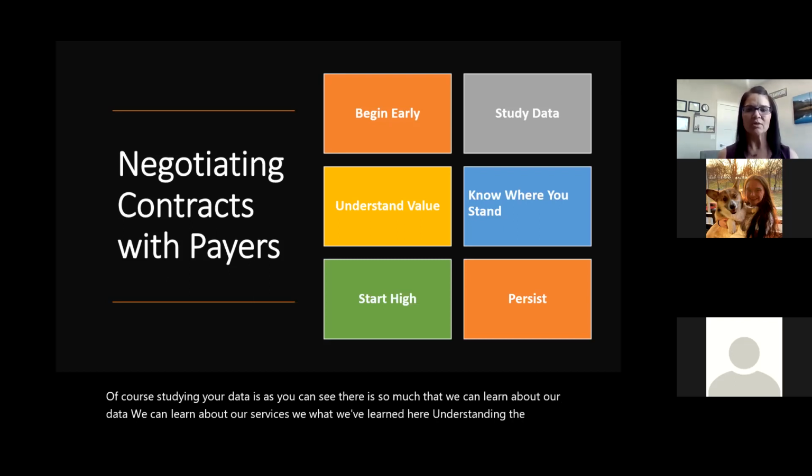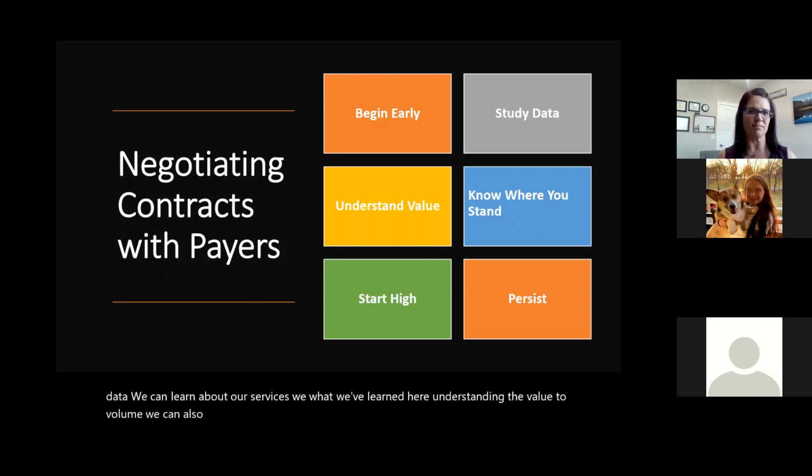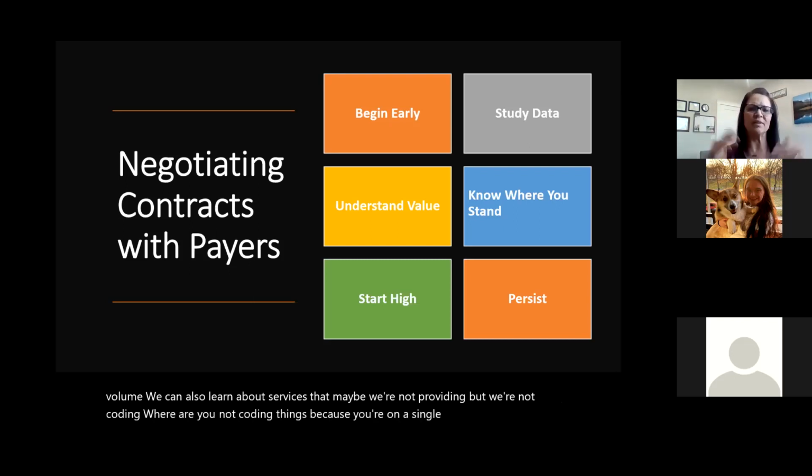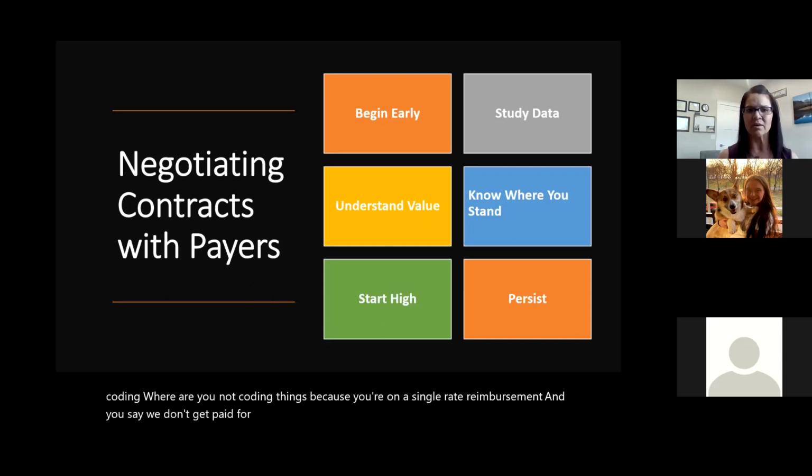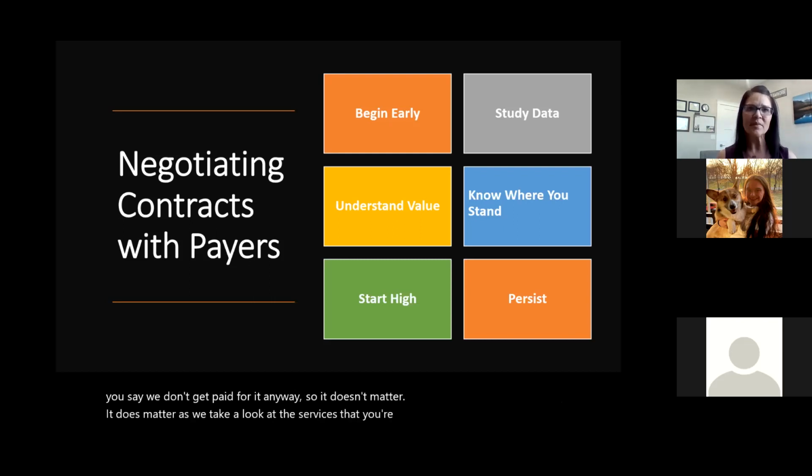We can also learn about services that maybe we're not providing, but we're not coding. Or are you not coding things because you're on a single rate reimbursement and you say, oh, we don't get paid for it anyway, so it doesn't matter? It does matter. As we take a look at the services that you're providing, that data, the volume of the services that you're providing is analyzed to determine a single rate reimbursement.